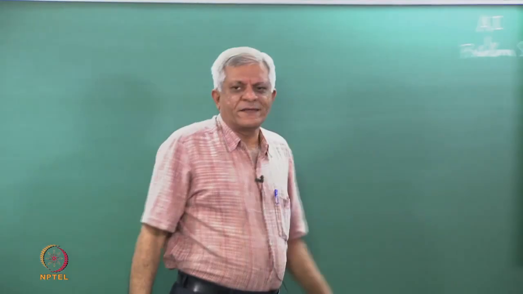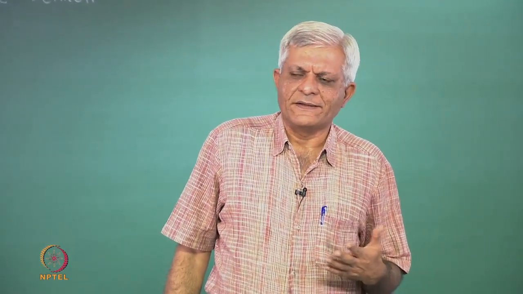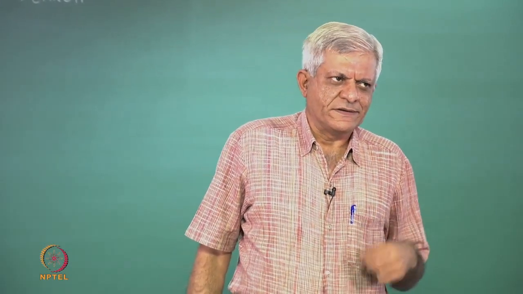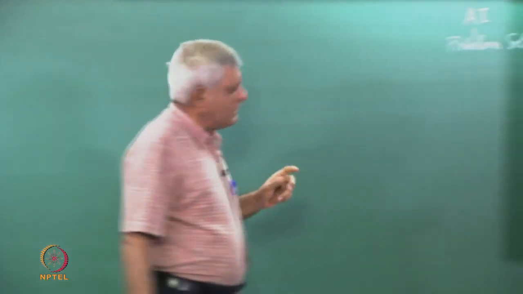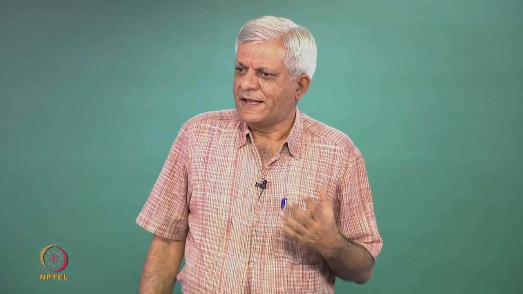As we said, there are many other aspects that we will not cover in this course, for example, learning or using experience or reasoning with knowledge. We will focus on problem solving, and by problem solving we mean that the agent is in some situation and wants to be in some desired situation.